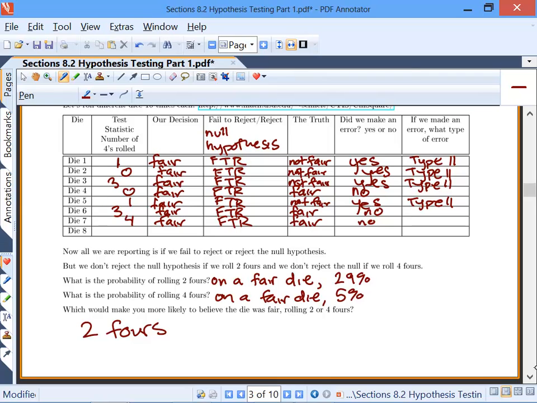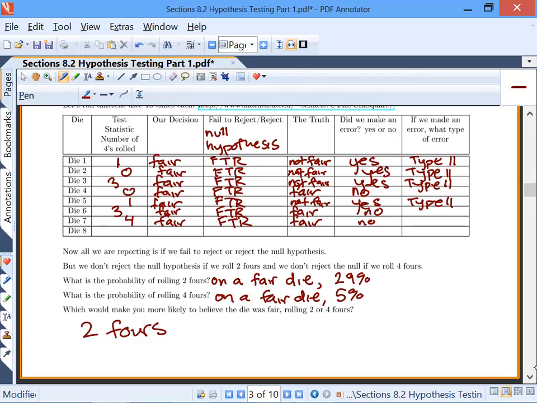But we can also make a type 2 error, and that error could be quite a bit bigger. And that error is difficult to figure out because the probability of a type 2 error is the probability of deciding a biased coin is fair. And how do you decide that? You would have to know the probability of the biased coin, or in this case, the biased die.